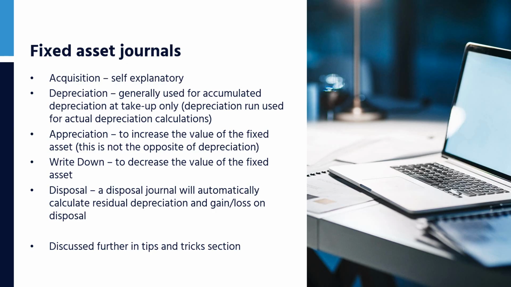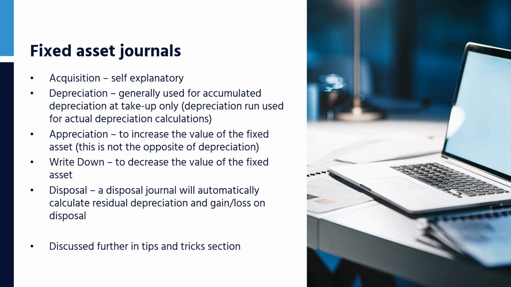And then the really cool one from my perspective is the disposal journal. And where it's really cool is it automatically calculates any residual depreciation. So if you're disposing of an asset, so this is being recorded on the 7th of February. So let's say we've calculated our depreciation to the end of January. We're now 7 days into February.